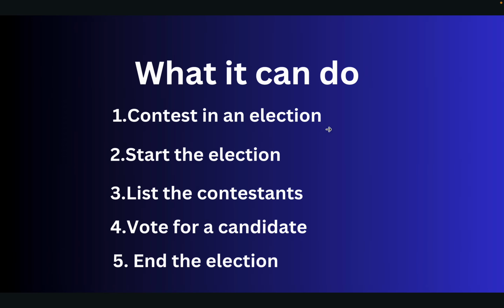In our DApp, initially for the election there should be contestants. The first function is about contesting in an election, and then start election. Before voting, you need to know who the contestants are, so you need the list of contestants, and you have to end the election to get the result.